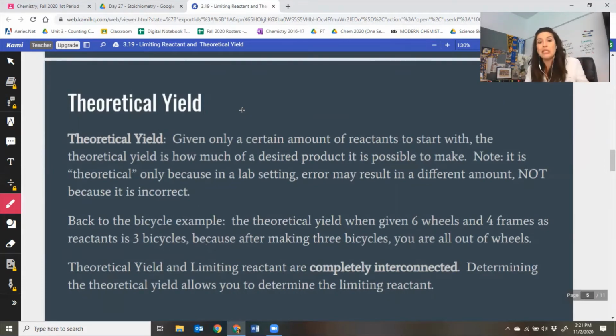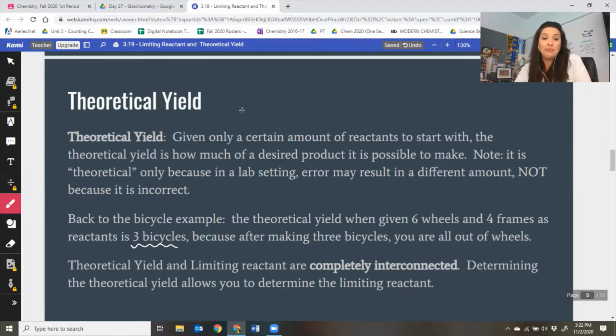If we look back at the bicycle example, the theoretical yield when given 6 wheels and 4 frames was 3 bicycles, because after making those 3 bicycles, you couldn't make the 4th because you're out of wheels. So theoretical yield and limiting reactant are completely interconnected to one another, and determining the theoretical yield allows you to determine the limiting reactant.